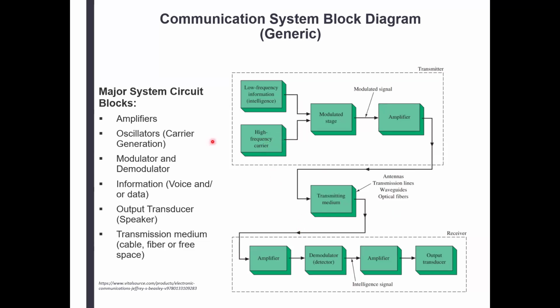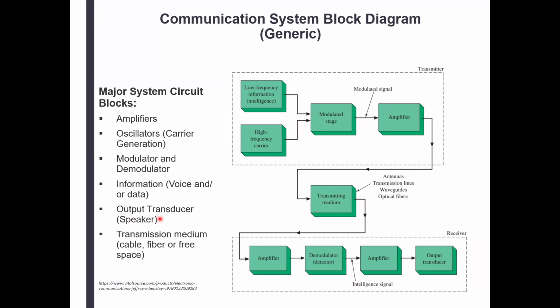and we already talked about that. All right. So oscillators are the things that generate the carrier. We will talk about the oscillators furthermore. Modulator and demodulator, there will be different types of circuitry that we're also going to study. Then the information, the voice and/or data, that will be the intelligence signal here, right?